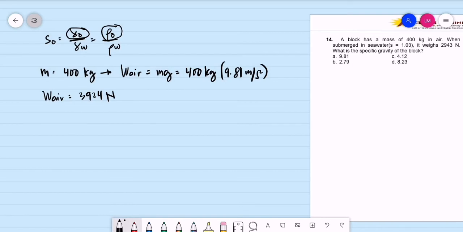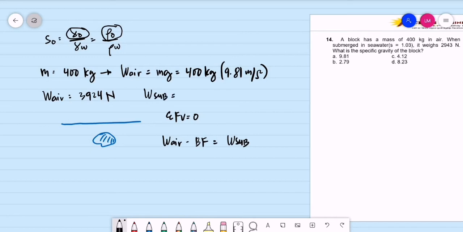This is the case that the object will be fully submerged. So if the object will be fully submerged, we can have mechanics, summation of forces vertical equal to 0. That is the weight in air, less the effect of the buoyant force, will give us the weight submerged. So what is the weight submerged? From the problem, the weight submerged is equal to 2,943 newtons.